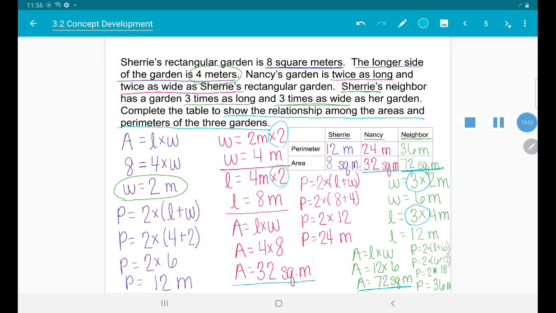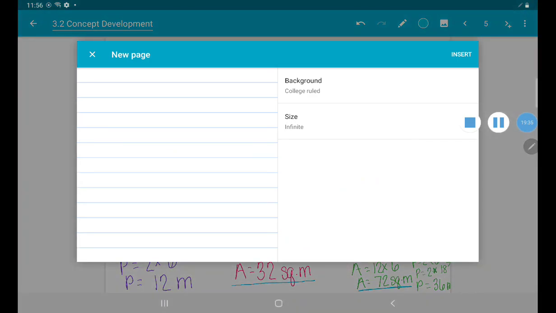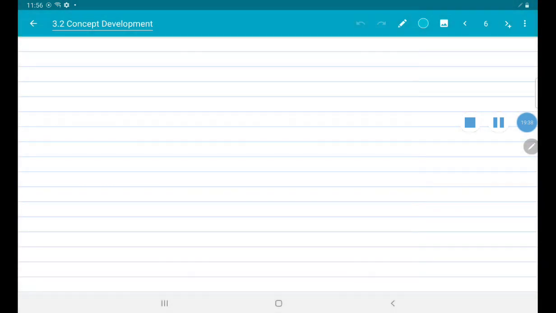Okay. Now, I need you to work your lesson 2 problem set. So I'm going to insert a new page here. You're going to do your lesson 2 problem set. If you have your book at home, it's going to be in your Learn book.